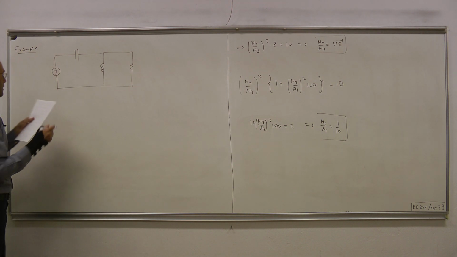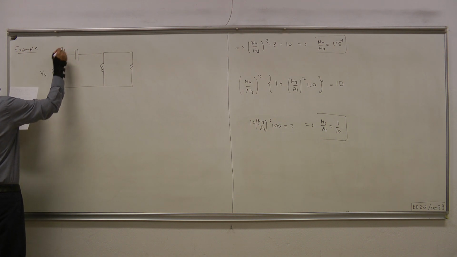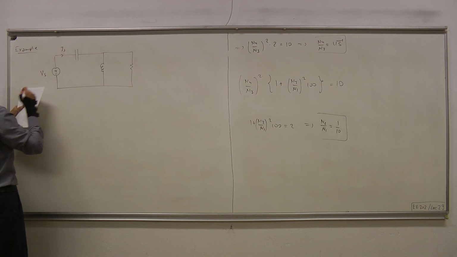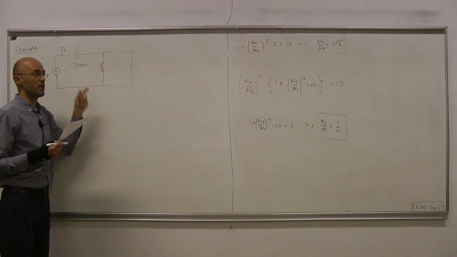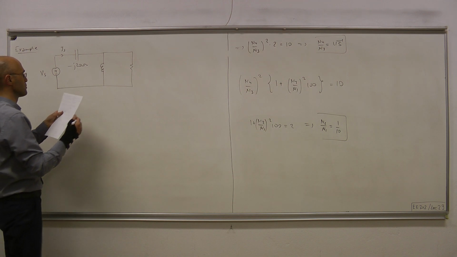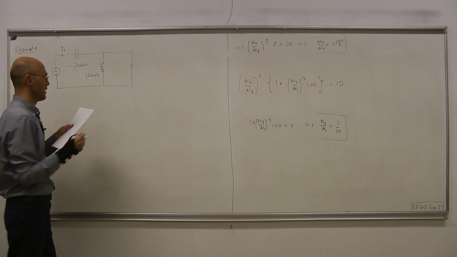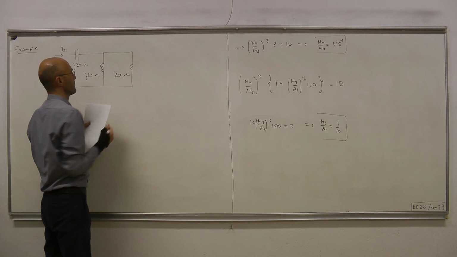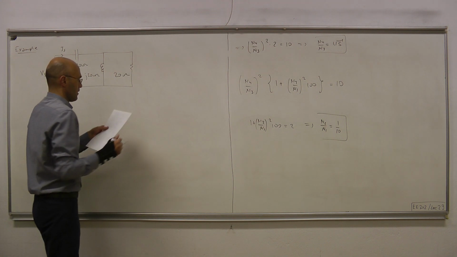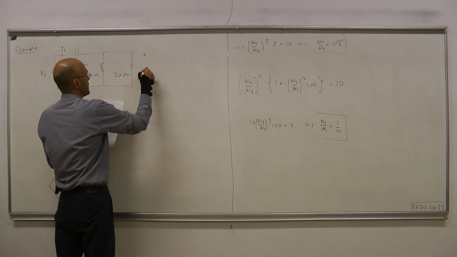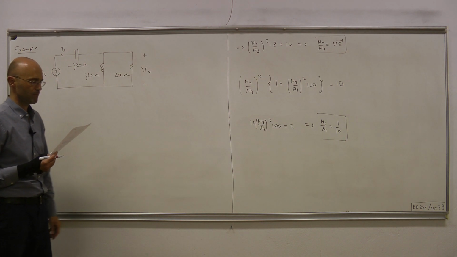This is Vs. This here is the current labeled as Is. The impedance of the capacitor is given as minus J20 ohms. Here we have J20 ohms for the impedance of the inductor, and the resistance is 20 ohms. This voltage is labeled as V0, or the output voltage.